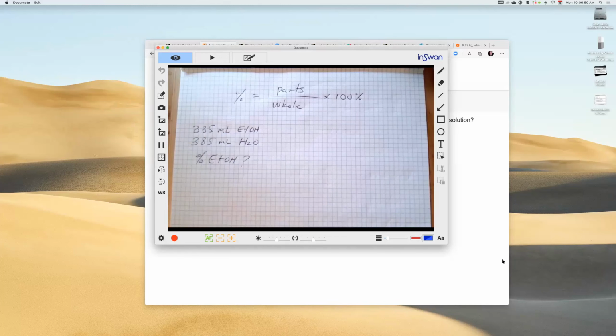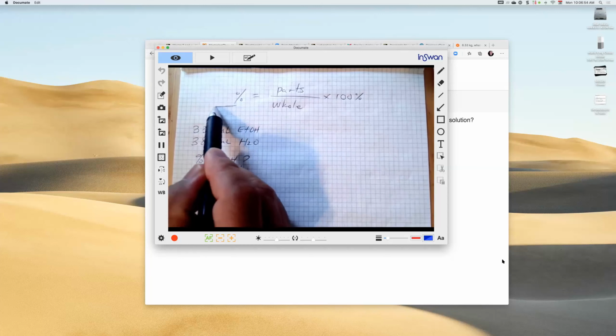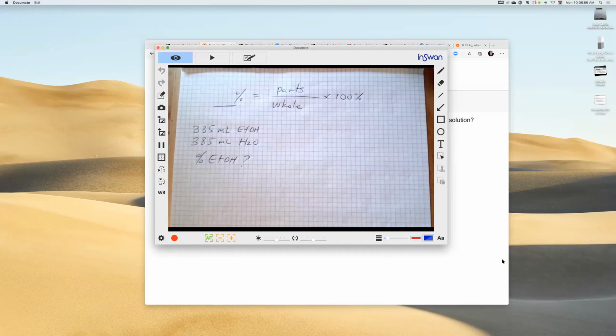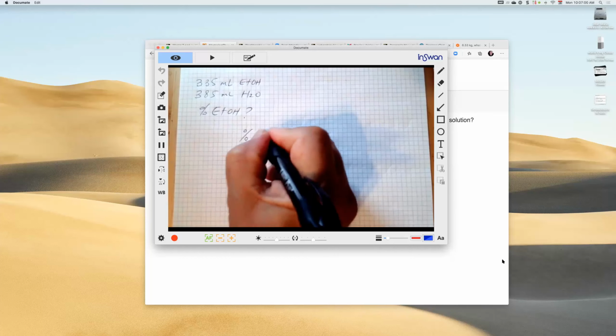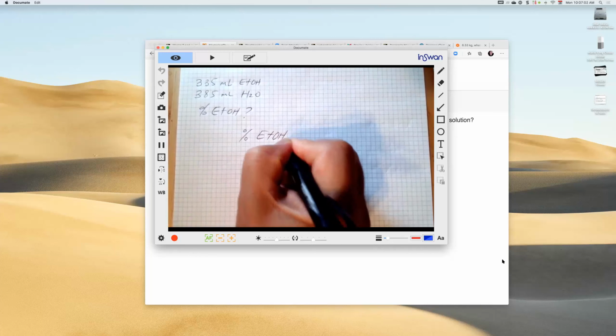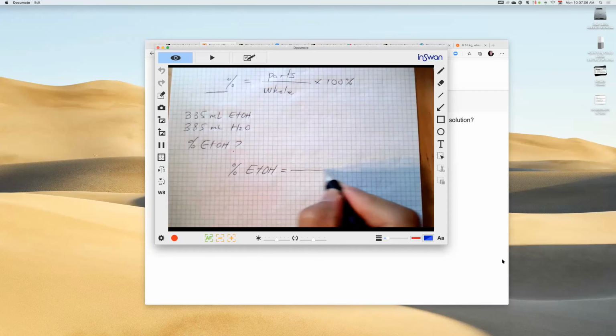Well, how do we proceed? What we need to find out is here. We don't have that. So let's put it down here. Percent ethanol equals. Now, we have the parts of ethanol.